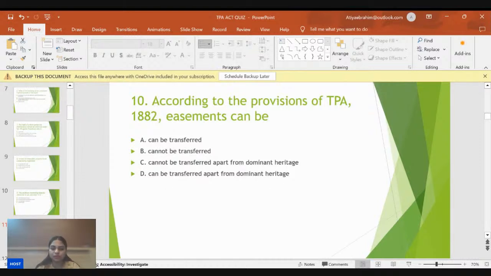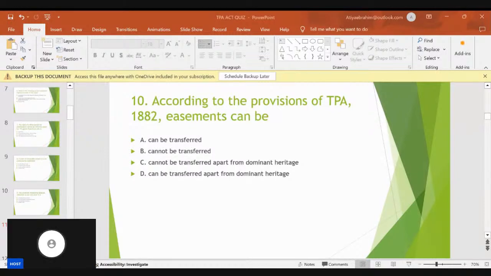What do you think is the correct answer here?